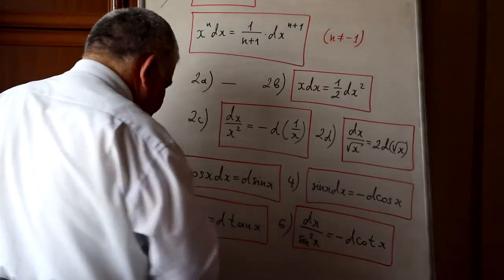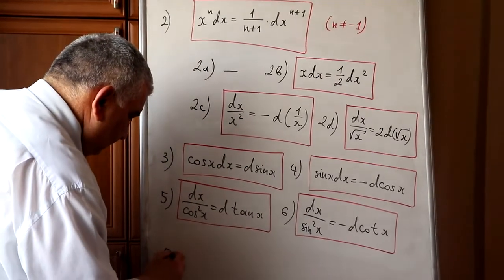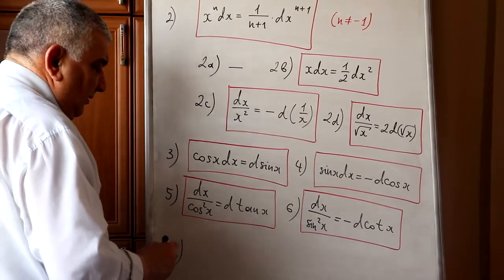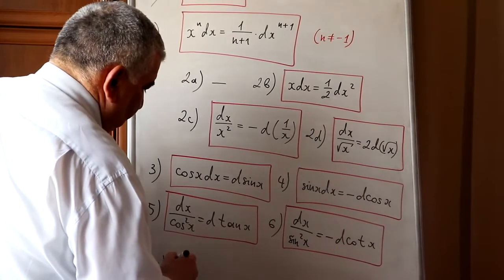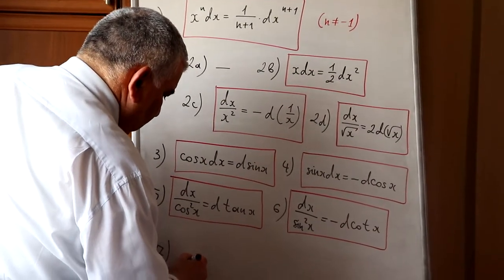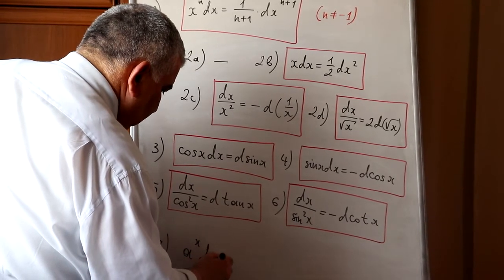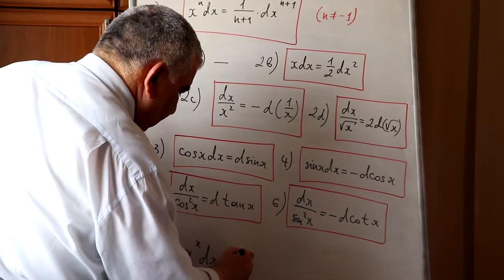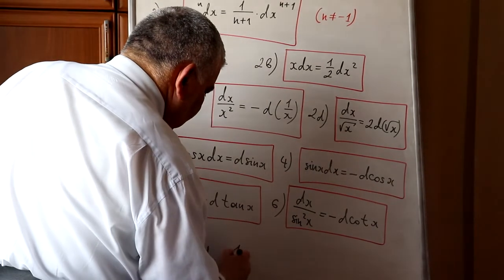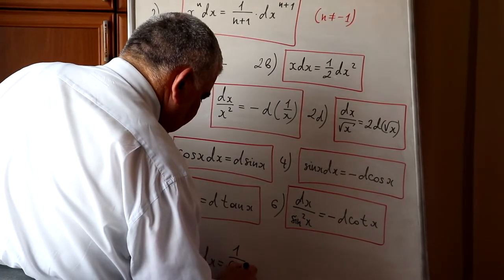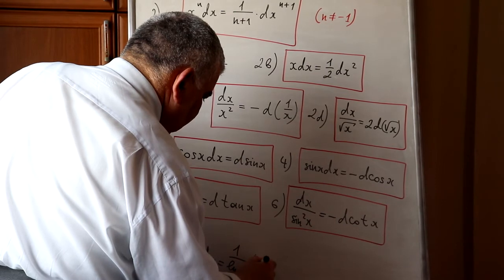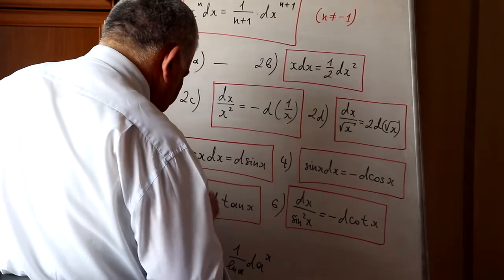Seventh formula, a to x dx is equal to 1 over natural logarithm of a, d of a to x.